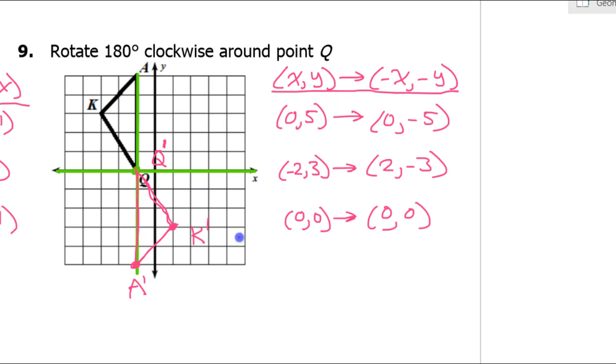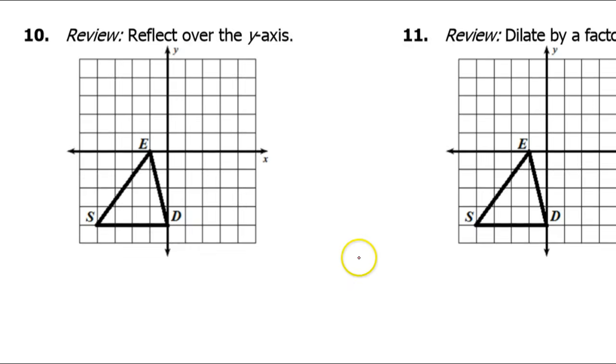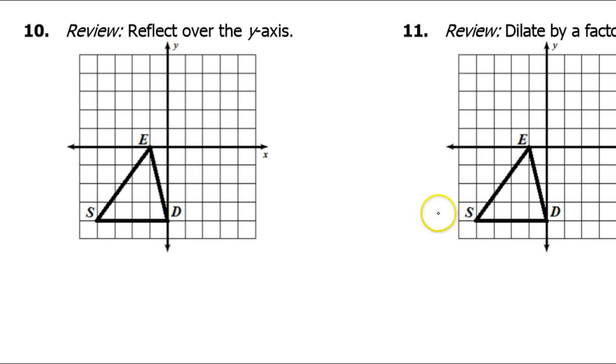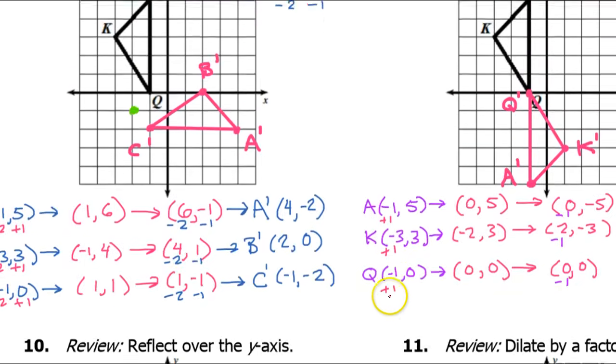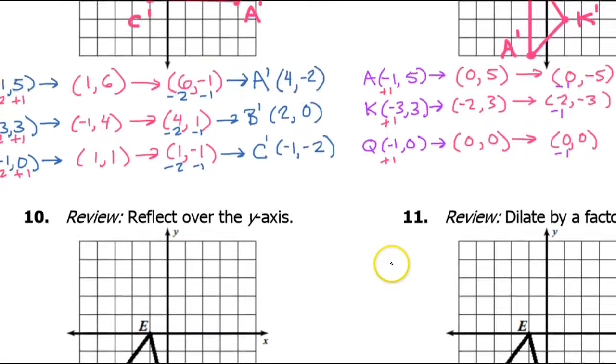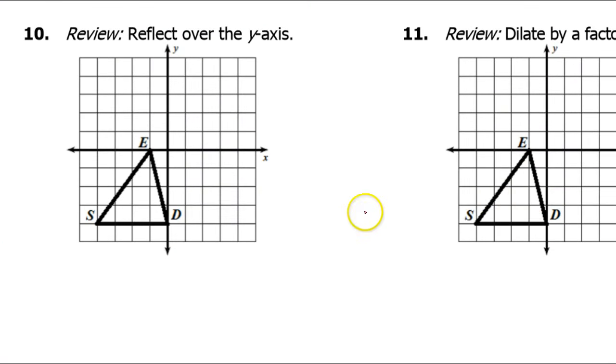All right, and that is how it's done. 180-degree rotation around point Q. Okay, that's it for the rotation. There are a couple of review problems at the end I'm going to do, but if you tuned in just to learn how to rotate around points that are not the origin, that lesson is over. You can go ahead and move on to your next video. But I'll just knock these out real quick.